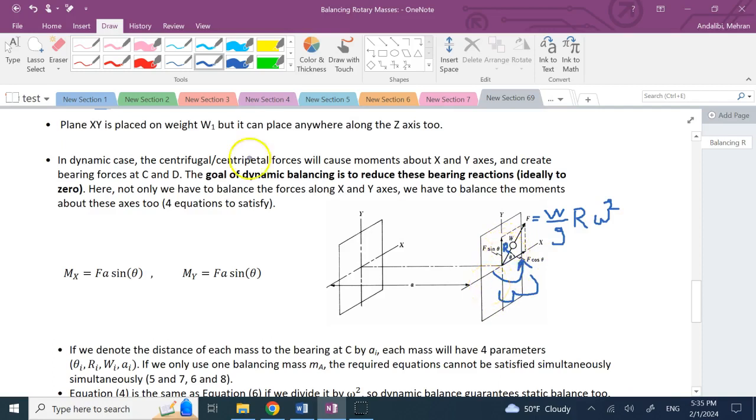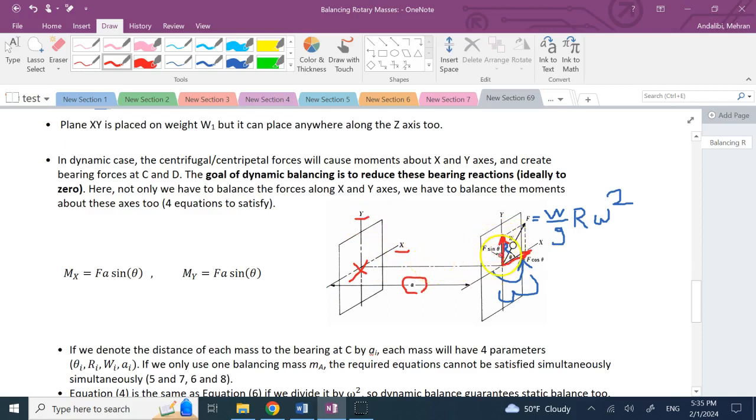So, what's happening here? Not only that centrifugal force has two components, one is this, F sine theta, and the other one is this, F cosine theta, that the balancing masses WA and WB have to cancel. Also, since these two forces are applied at a distance A from this bearing here, those forces with respect to the axis of this bearing, X and Y, can create moments.